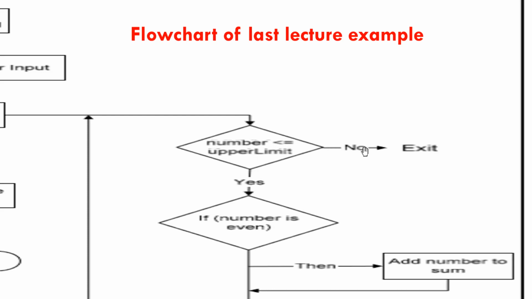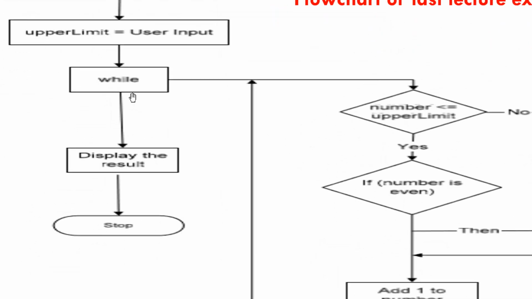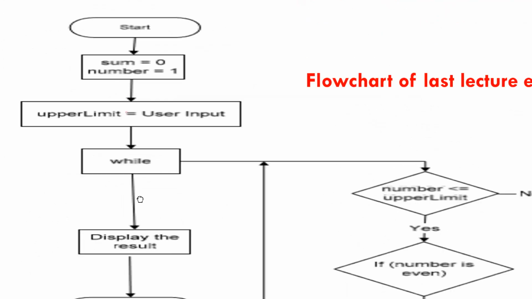If the number is greater than the upper limit, it means the condition is false, so it will exit the while loop, and the result will be displayed.